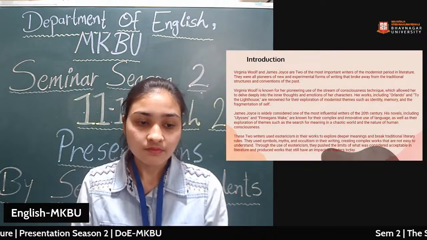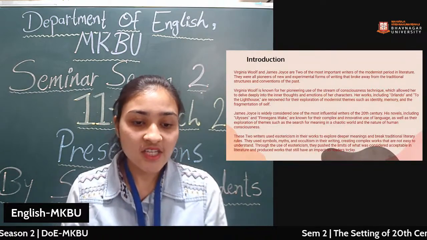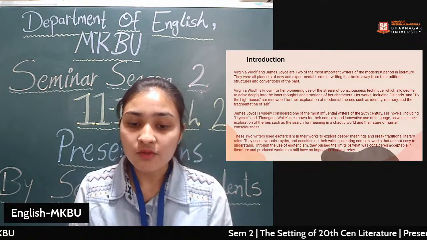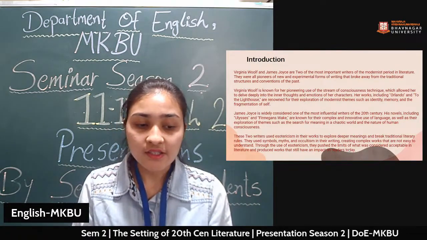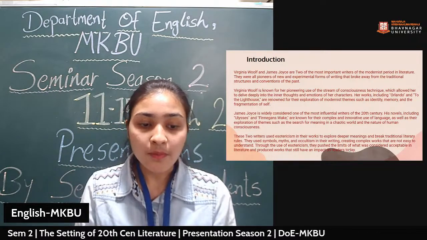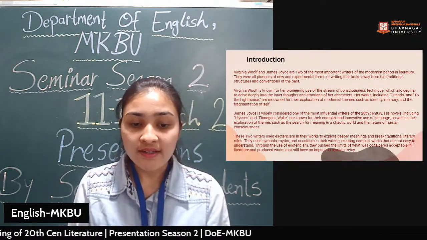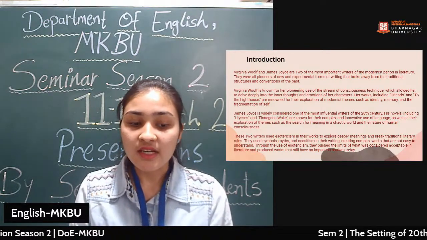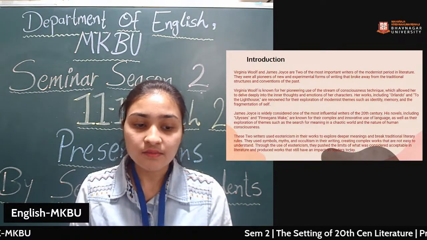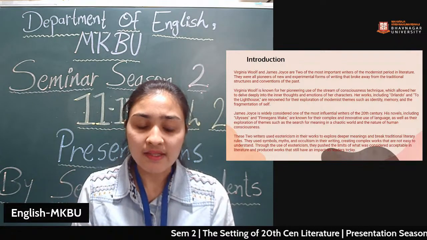Introduction. Virginia Woolf and James Joyce are two of the most important writers of the modernist period in literature. They were pioneers of new and experimental forms of writing that broke away from the traditional structures and conventions of the past.